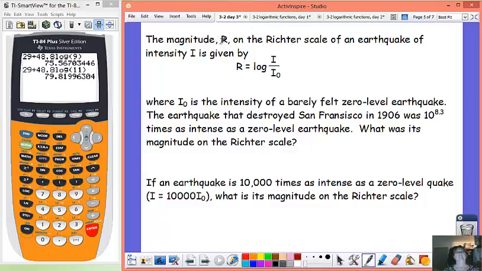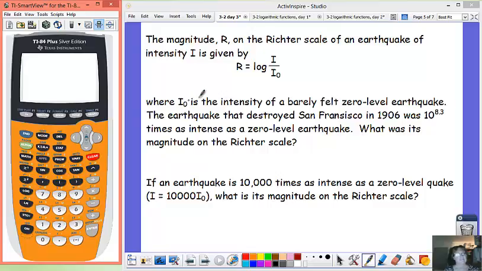You know, it took me a long time before I realized that the Richter scale was exponential in its format. I don't know why I didn't know that, but I didn't until I started teaching this class. So we've got a little formula here about the intensity of an earthquake.